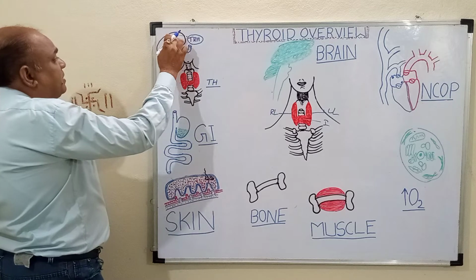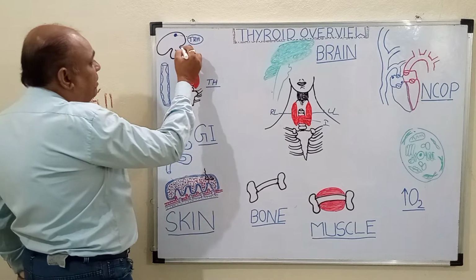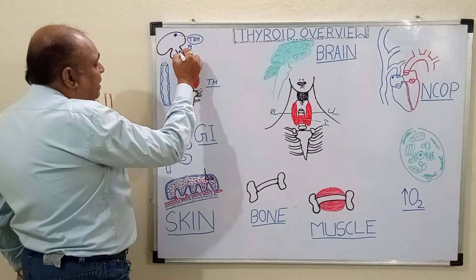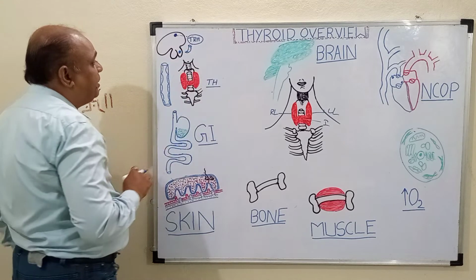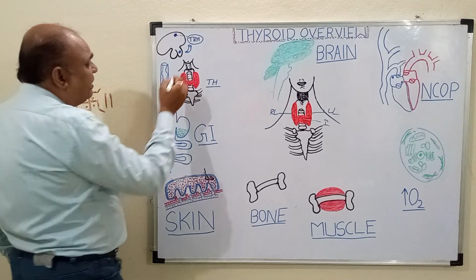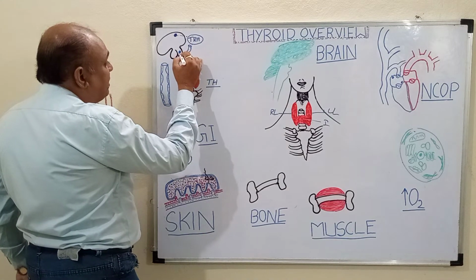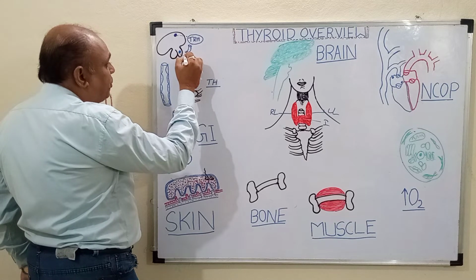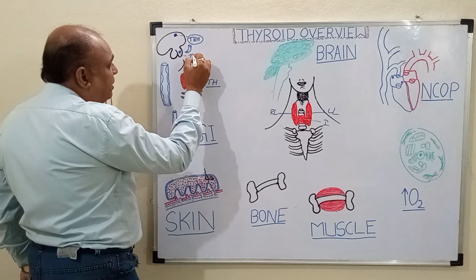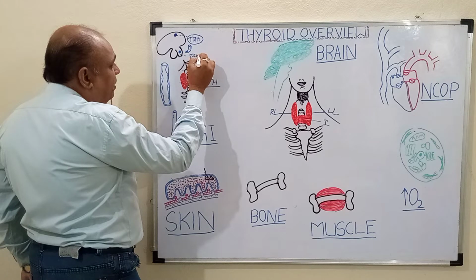The hypothalamus and the pituitary are connected with a stalk. In the anterior pituitary, special cells known as thyrotropes release thyroid stimulating hormone.